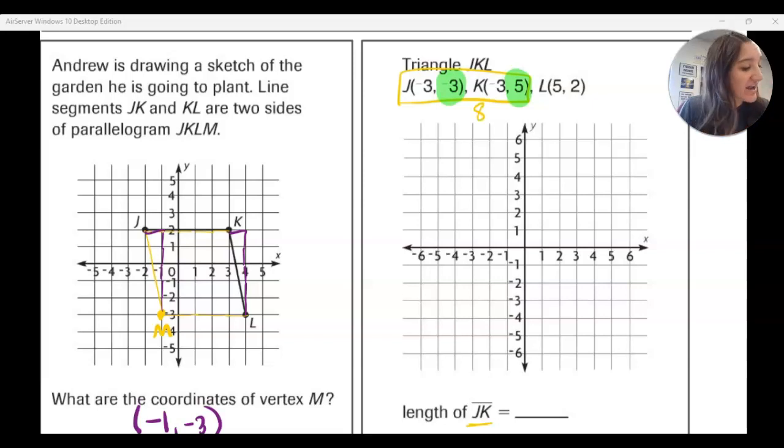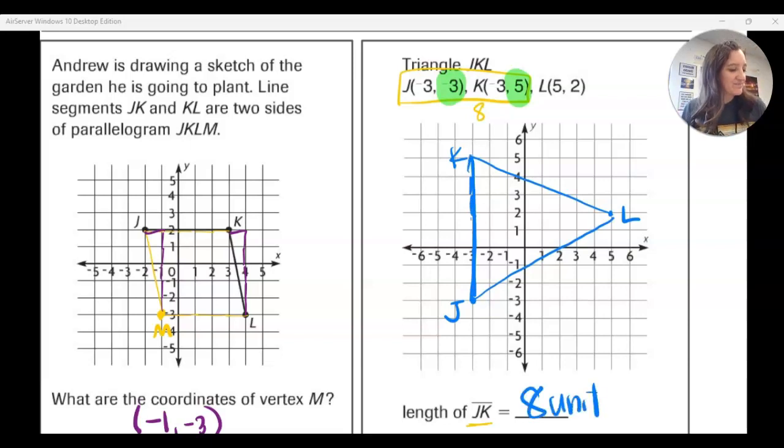But if we want to try it, let's make sure: -3, -3, -3, +5, and +5, +2. Here is our triangle. Oh, guess we didn't label it. J, K, L. So it wants the distance JK, 1, 2, 3, 4, 5, 6, 7, 8. It is 8 units either way.